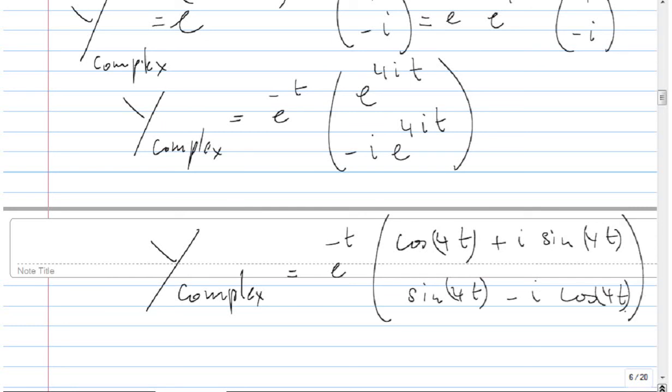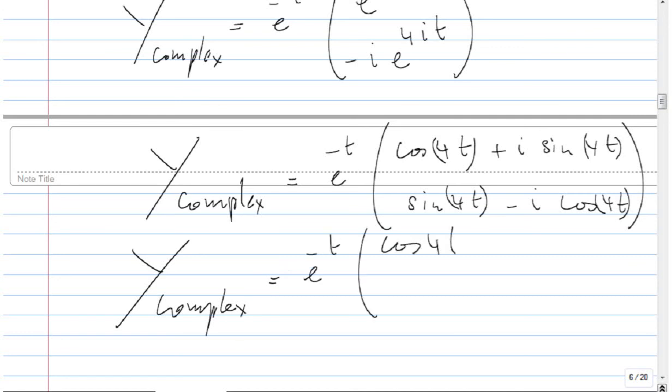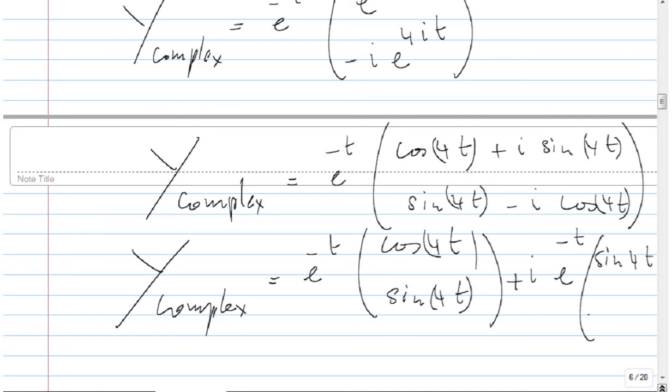And then, doing some linear algebra to find the real part and the imaginary part, I will find e to the minus t (cosine 4t, sine 4t) plus i e to the minus t (sine 4t, minus cosine 4t).